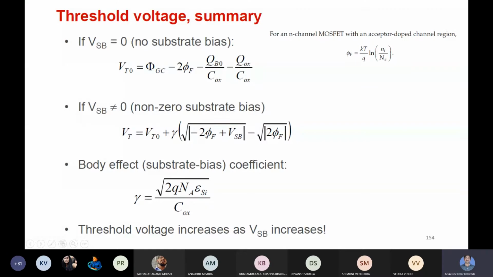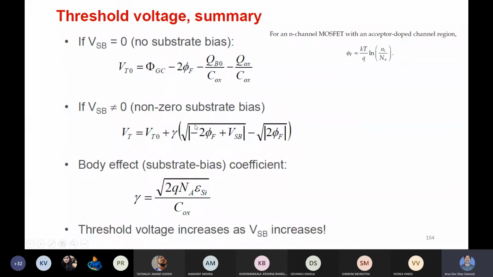And 2 phi f, in many books, instead of writing 2 phi f, they write this totally as the surface potential. Basically, when the channel region is inverted, minus 2 phi f is the surface potential of the channel, with the notation phi s.